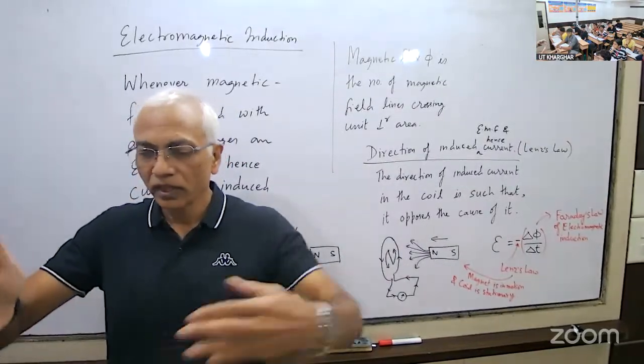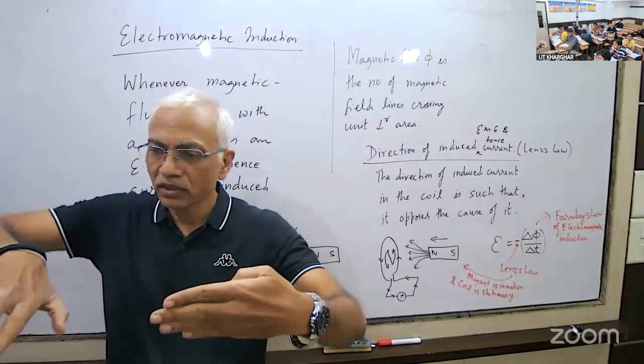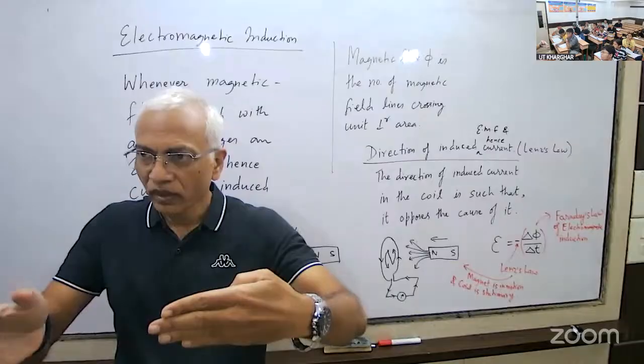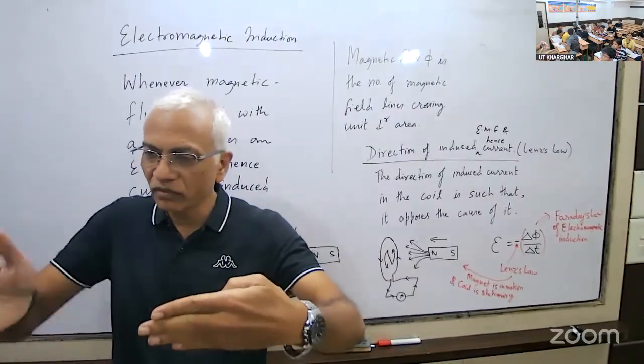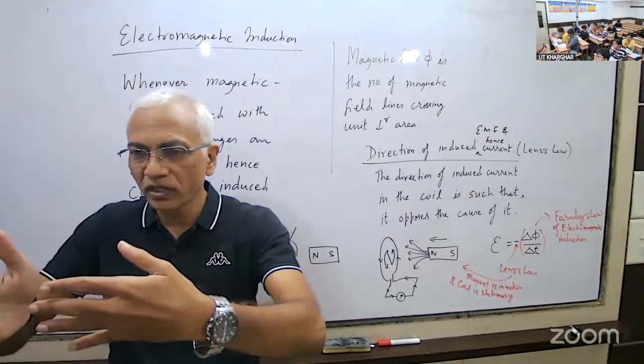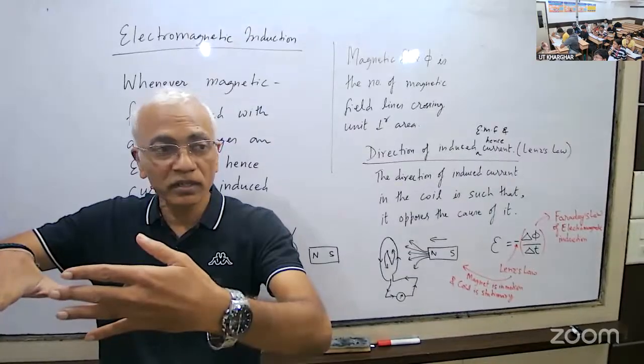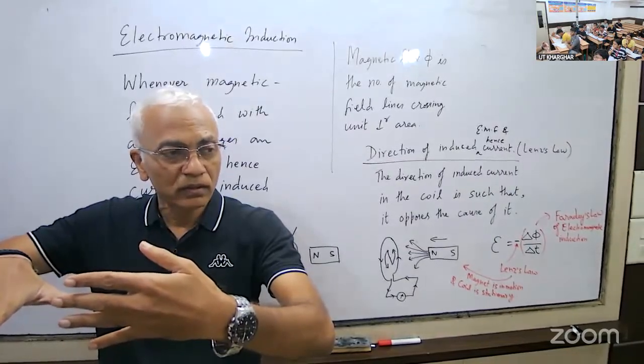And this is the magnet. If I rotate the coil like this, is flux changing? If I keep on rotating in one direction, will the flux change through the coil? It will change all the time. Right now, all four lines are passing. Now, reducing, reducing, reducing.